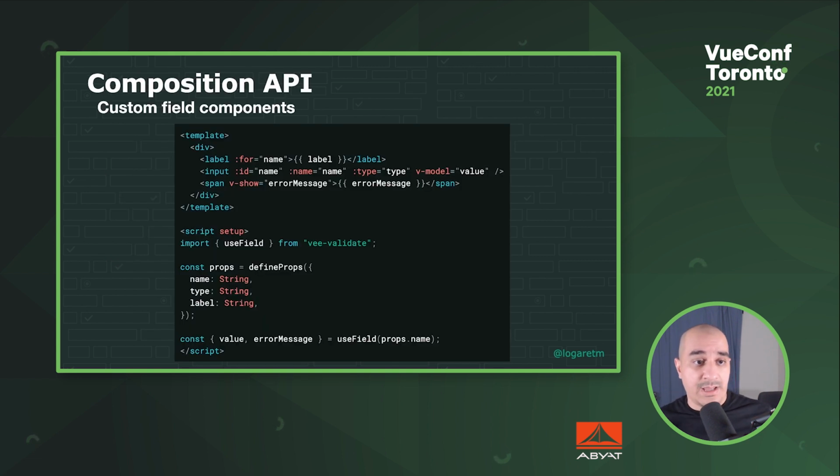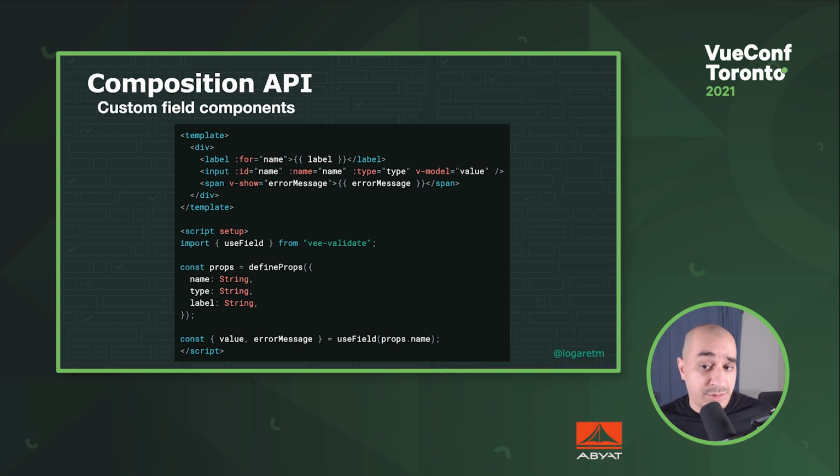In this example, I have a custom field implemented using useField. And this useField function creates a field context for that component, and it gives you all the information you need for that field, for example, the value and the error message.